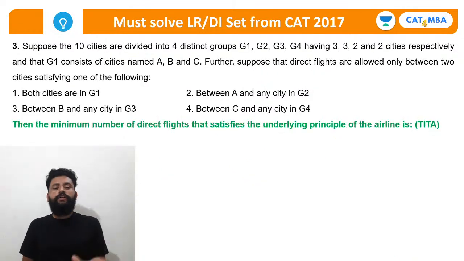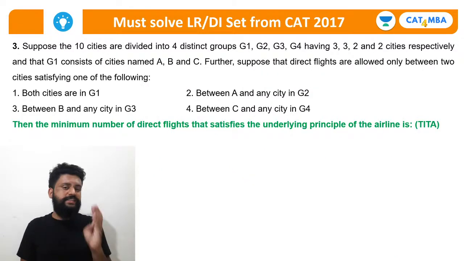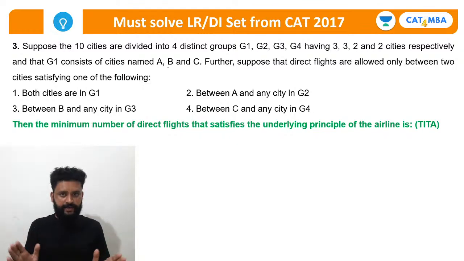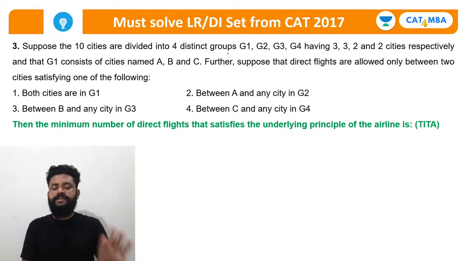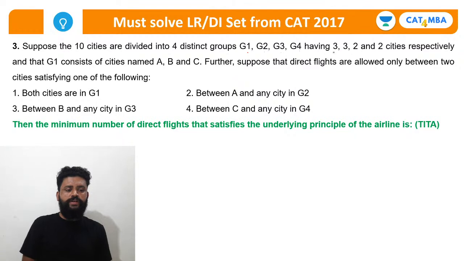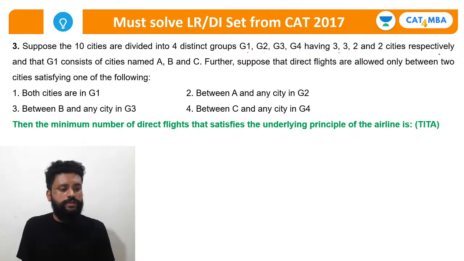Okay, let's understand the third question here. Suppose the 10 cities are divided into 4 distinct groups, G1, G2, G3, G4, having 3, 3, 2, 2 cities. 3 plus 3 is 6, plus 2 plus 2, that is 10.